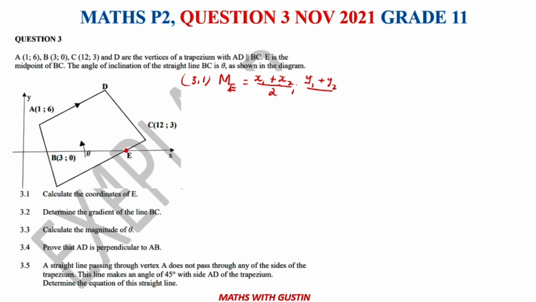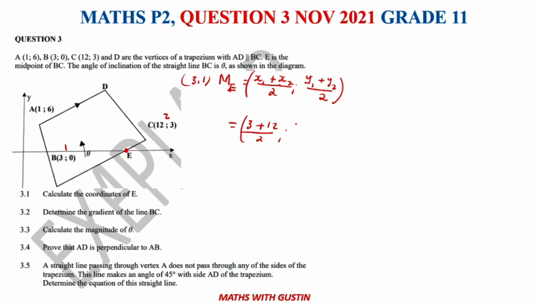Instead of saying y1 or y2, you can say the y at B and the y at C. The answer will be the same, as long as you choose your coordinates correctly. Let's say this is coordinate number 1, this is coordinate number 2, like we did previously on the past paper of 2022.